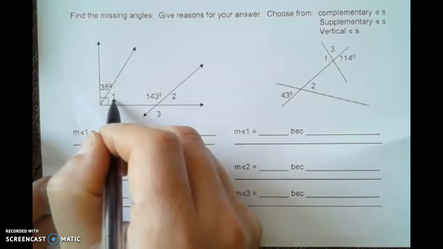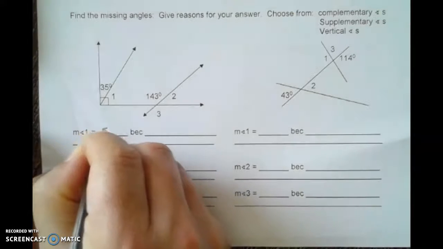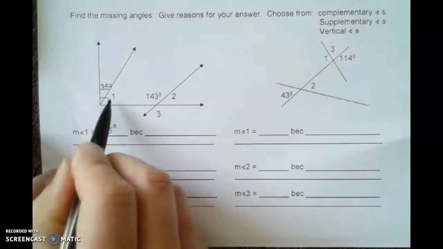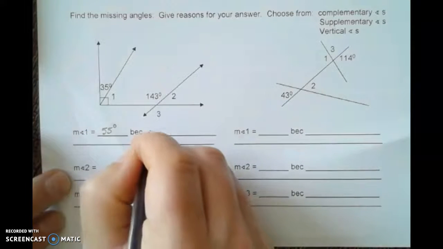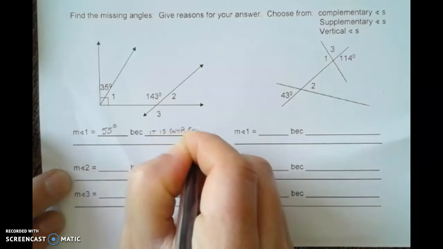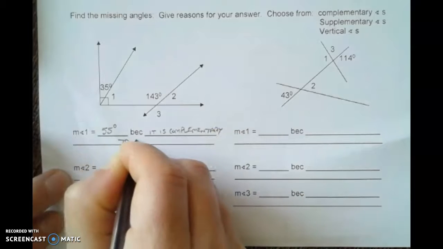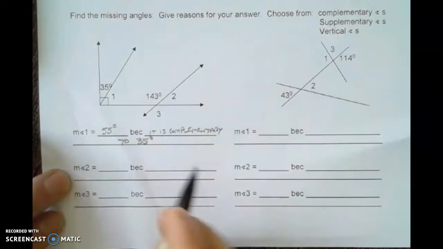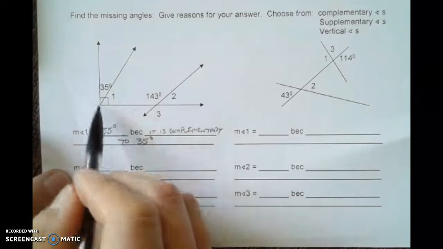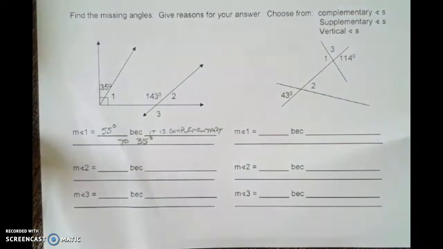So to get angle 1, all I'm going to have to do is subtract 35 from 90, which is going to give me 55 degrees. This angle, angle 1, is 55 degrees because it is complementary to 35 degrees. Okay? These two angles form a right angle, so they add up to 90 degrees.